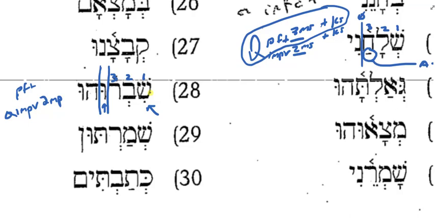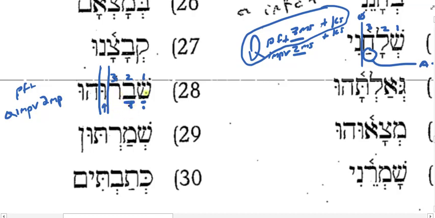If you're wondering what the perfect would have looked like, it would have been something like this. It would have been shavar, and then it would become shavaru, where we would have had a reduction to vocal shava, shavaru, and then we add the hu, and we would get the vocalization that follows the noun pattern as opposed to the typical verb pattern, and it would have become something like this: shavaruhu.